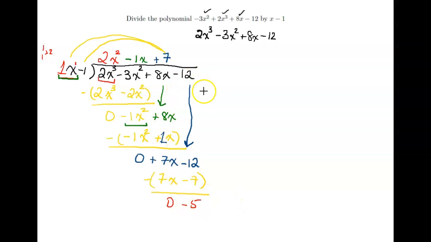I don't have any other numbers to bring down, so this is my remainder. So if I divide x minus 1 into 2x cubed minus 3x squared plus 8x minus 12, I get 2x squared minus x plus 7 with a remainder of negative 5.